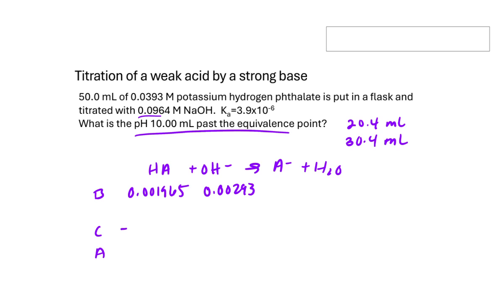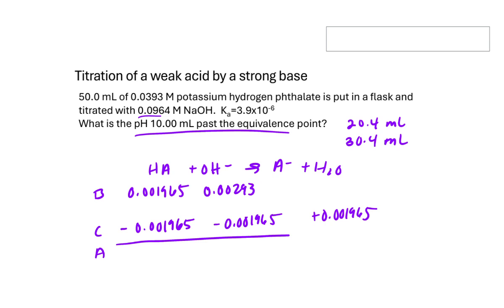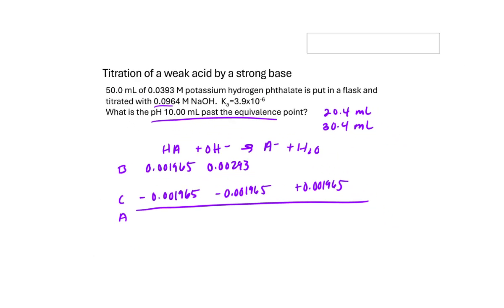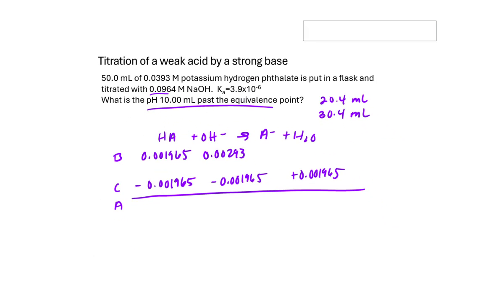HA in this case is the limiting reagent, so we're going to subtract 0.001965 from both HA and OH minus. The correct thing is to add it to the A minus, plus 0.001965. But when we get down to actually calculating the pH, we're going to ignore the equilibrium with A minus.